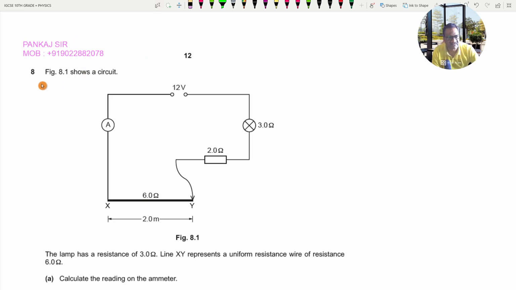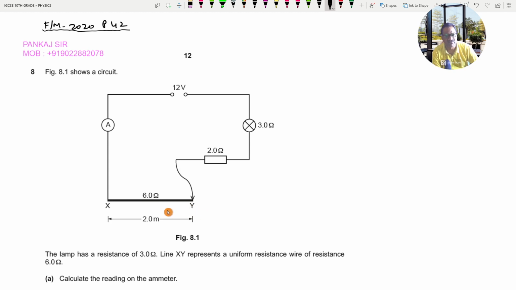This particular question number 8, I have taken from the 2020 February, March paper 2020, and this is paper 42. From this paper I have taken question number 8, and question number 8 says that in figure 8.1 there's a circuit shown over here, right?